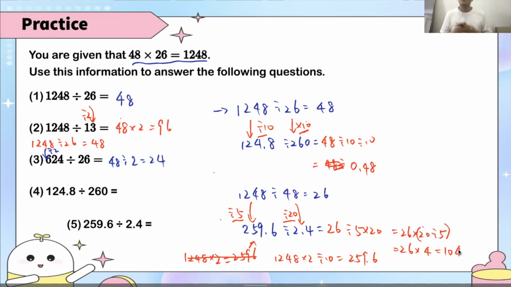Okay, so you can just think about the 5th question. What we do here, we first find the change on these two parts. How we change the dividend, how we change the divisor to have the new expression. And then we can work out the final answer based on our rule.